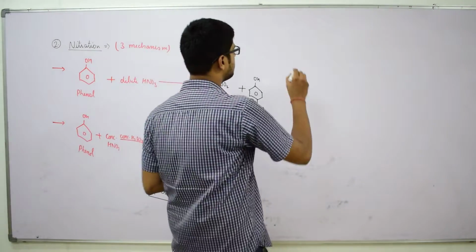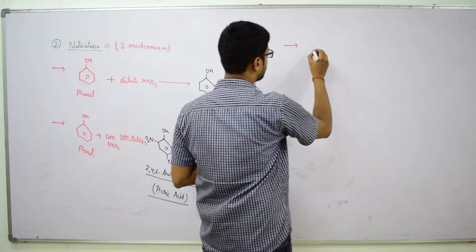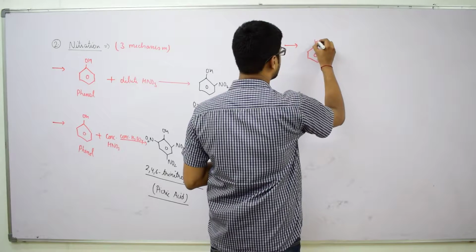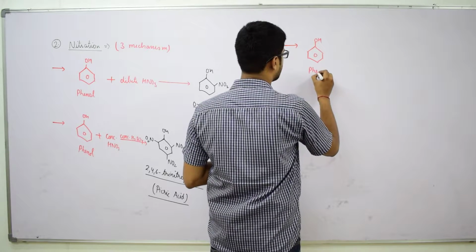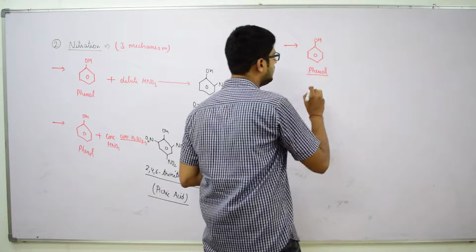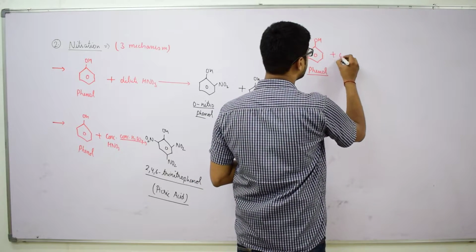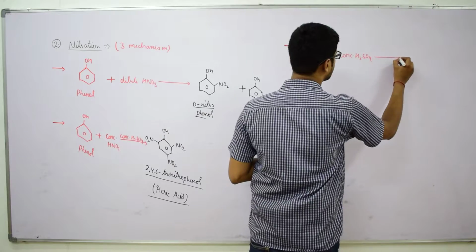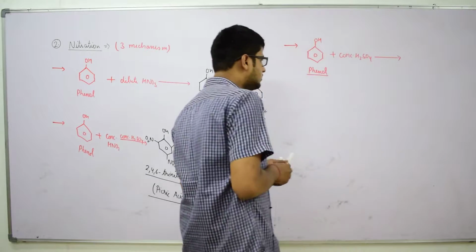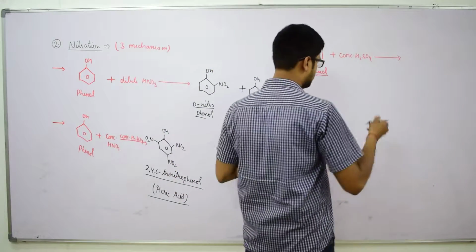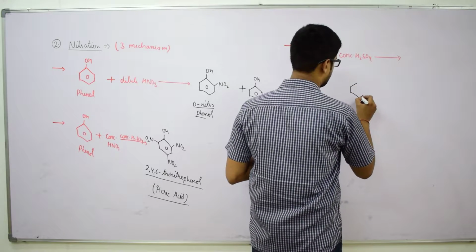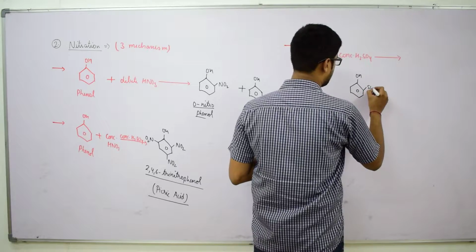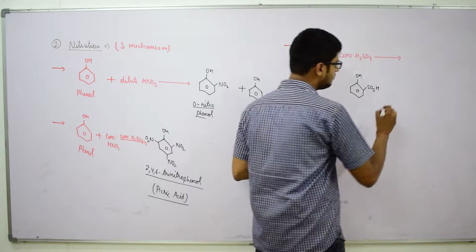And in the third mechanism, when phenol is treated with concentrated sulfuric acid, it leads to the formation of two intermediate compounds.